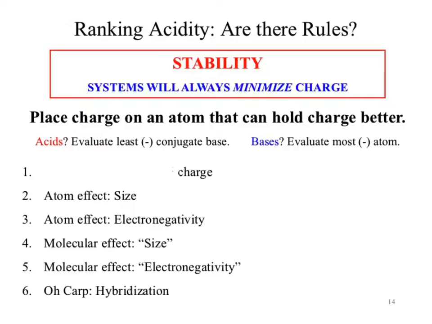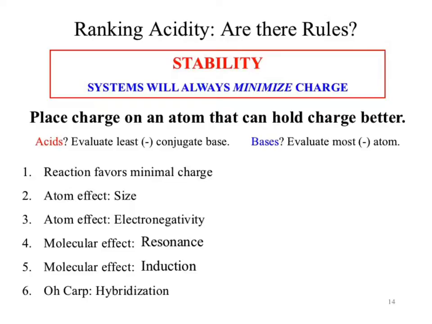Step four, look at a molecular effect, which I'm putting in quotes as size, also known as resonance. Step five, a molecular effect, which is getting at electronegativity, which is induction. What we're doing is applying those things to evaluate back to the definitions of acids and bases.